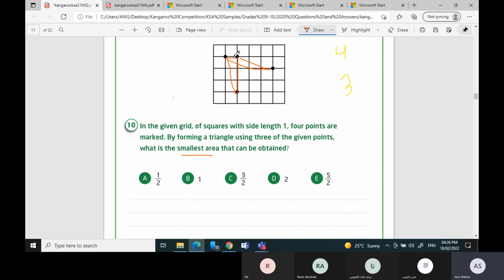So 1 times 1, 2, 3. So one side is 1, the other is 3. Not the hypotenuse. Don't ever work with the hypotenuse in a right angle. Over 2. So this is, I'm going to call it A1. It equals 1.5.